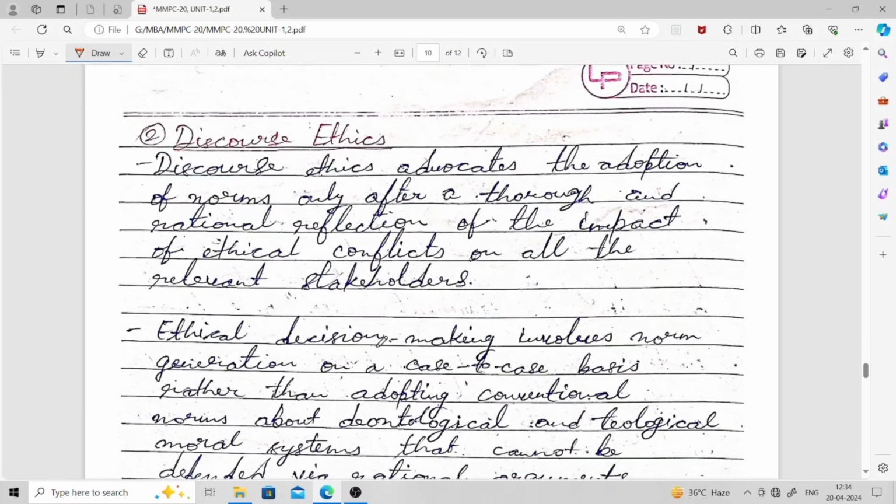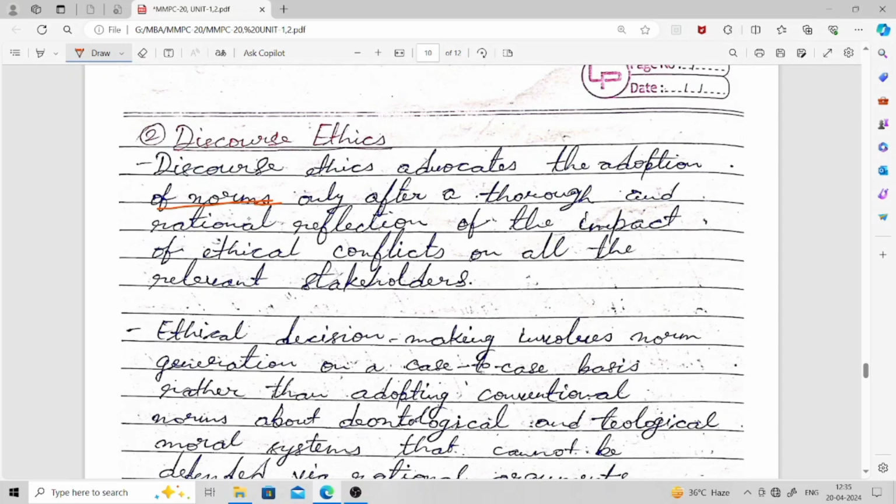Discourse ethics, the second that is given. So these are the parts, or you can say types, of a deontological ethical system. The second, discourse ethics. Discourse ethics advocates the adoption of norms only after a thorough and rational reflection of the impact of ethical conflicts on all the relevant stakeholders.